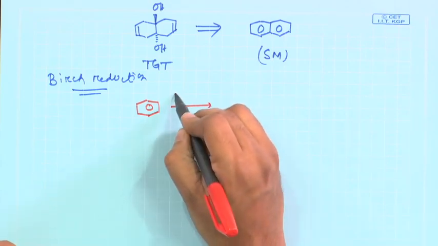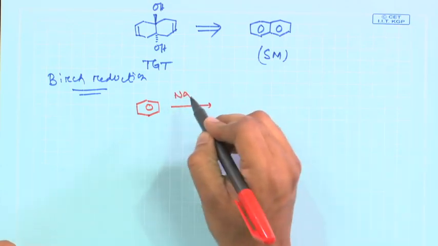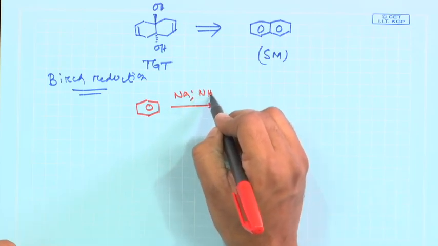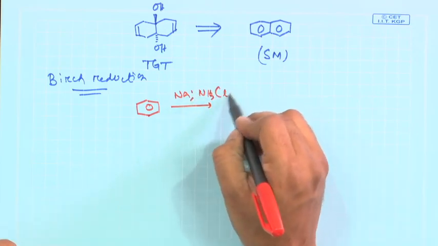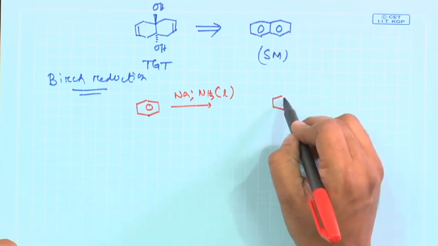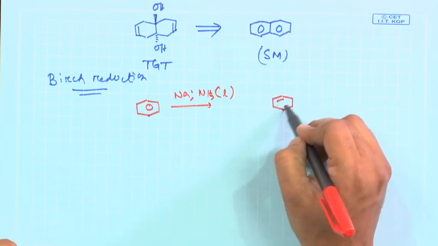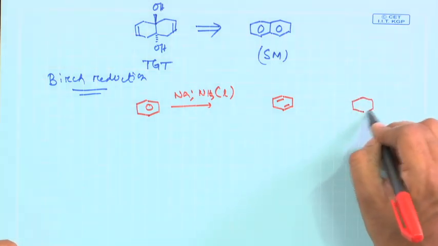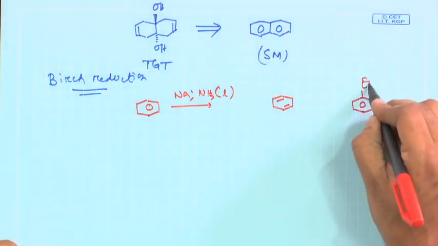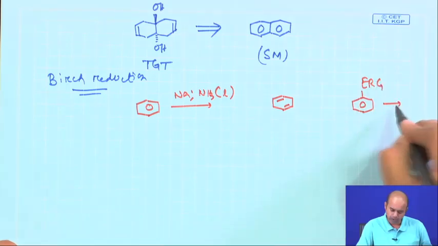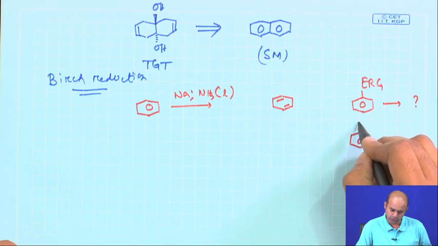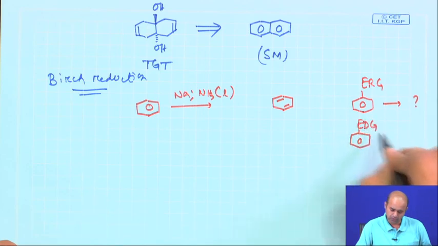I will try to do a simple Birch reduction of a benzene system. If you subject benzene to sodium and liquid ammonia, you get this kind of compound. Now, if the benzene is substituted with an electron-donating group, what will be the product?